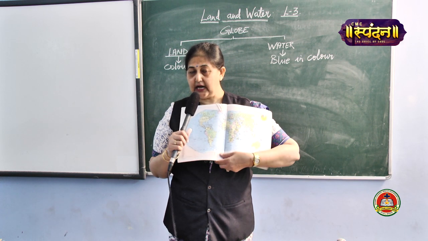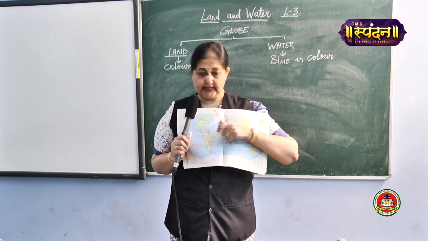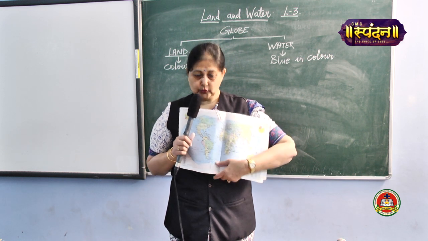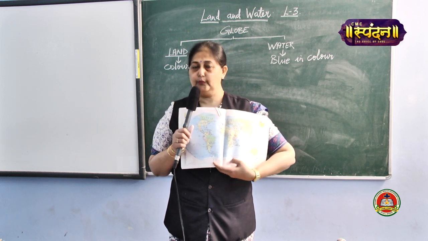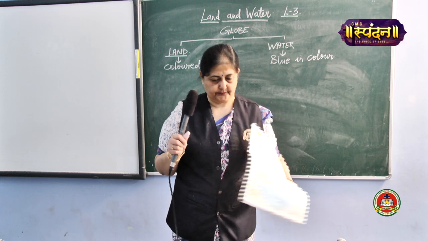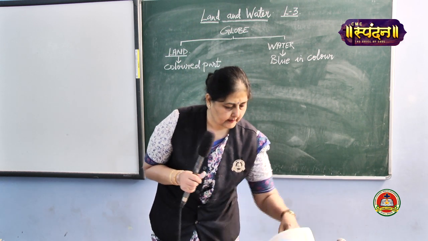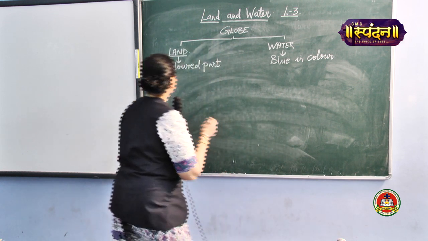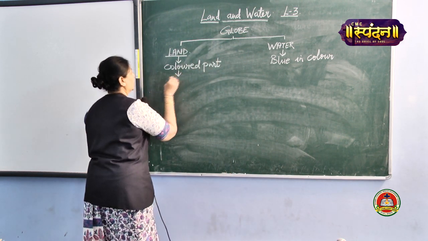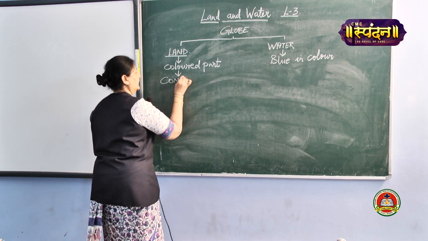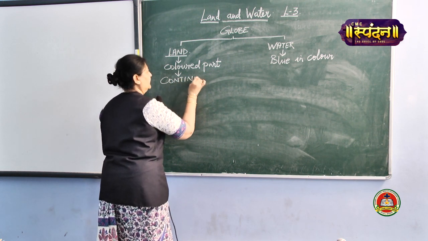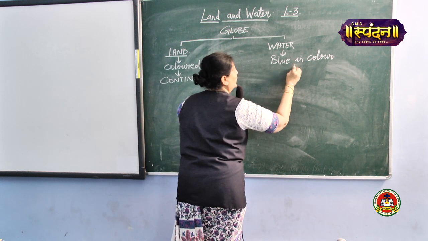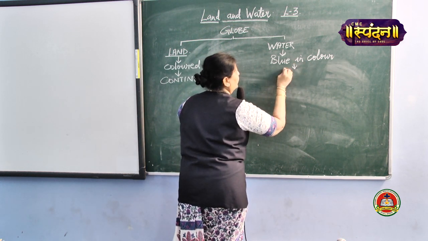Children, continents are the areas marked in colored, and oceans are in the blue portion. Okay? Now, the colored areas are called continents. And the blue in color are the oceans.